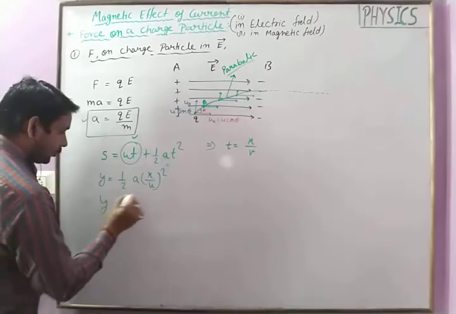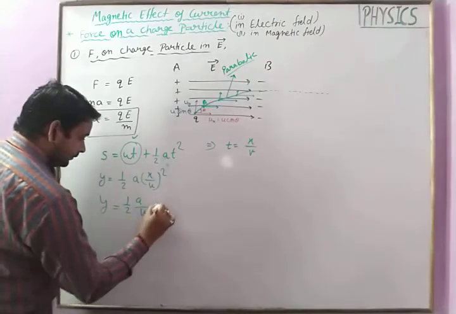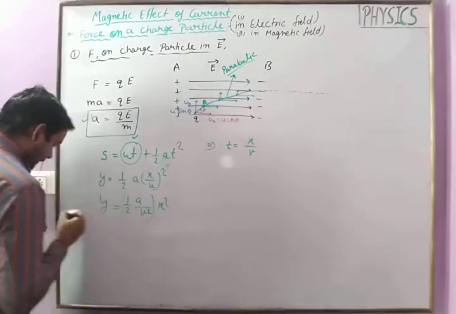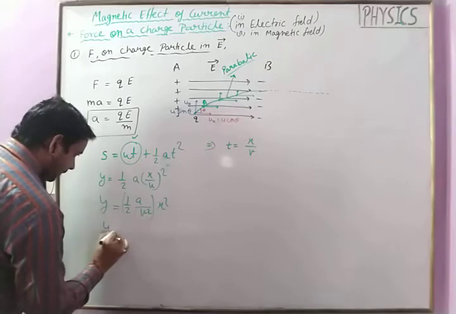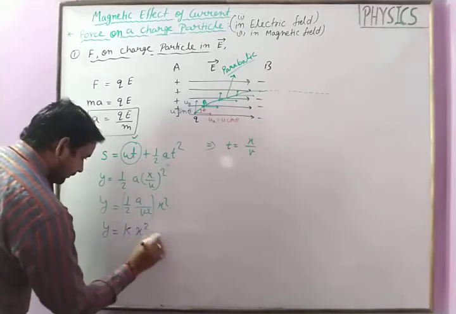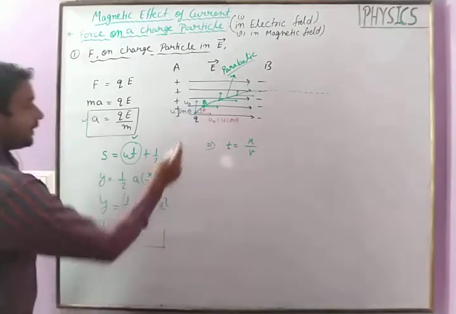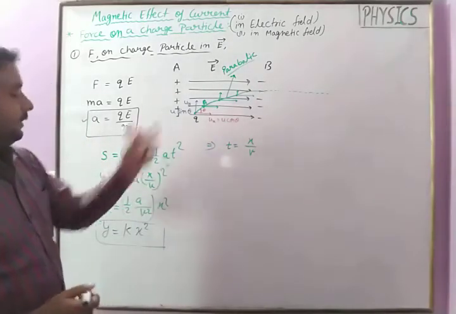So we can prove that the path of the particle is parabolic. This is the equation of a parabola, obtained by using the second equation of motion in electric field.